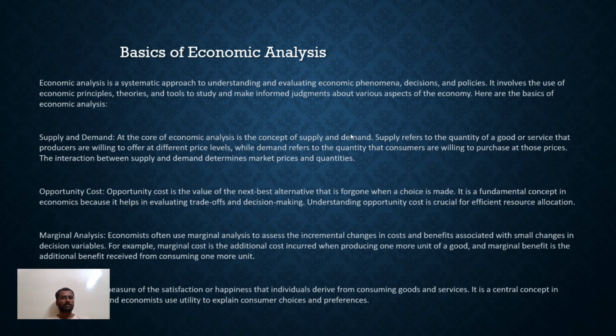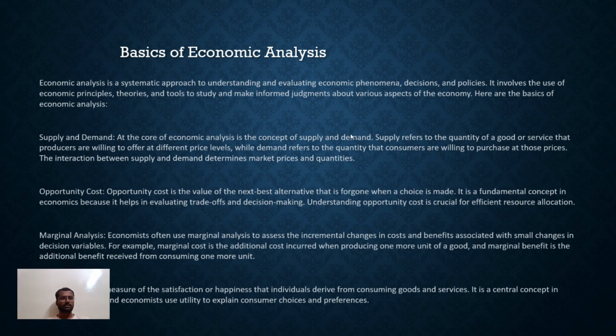The second one is opportunity cost. Opportunity cost is the value of the next best alternative that is forgone when a choice is made. It is a fundamental concept in economics because it helps in evaluating trade-offs and decision making. Understanding opportunity cost is crucial for efficient resource allocation.